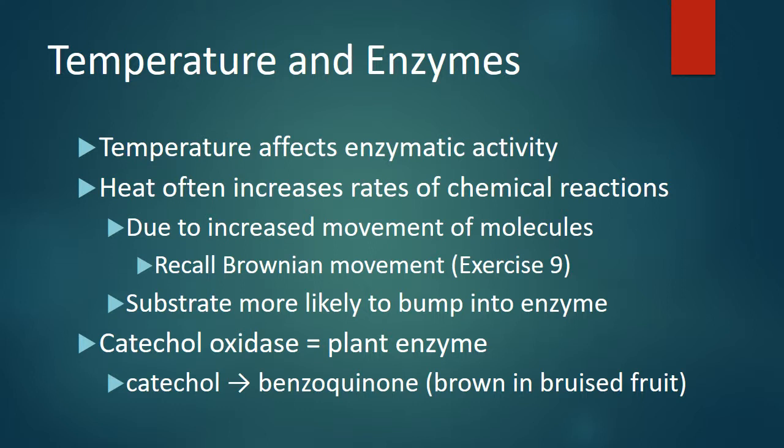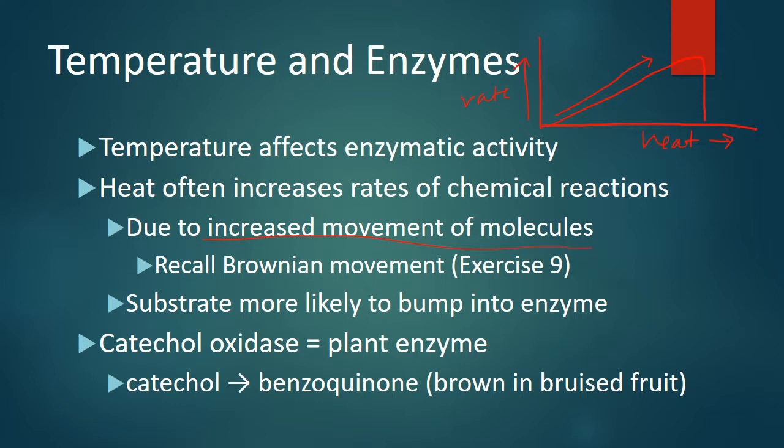Temperature definitely has an effect on enzyme activity. Remember the previous slide where we had this chart where we have a nice gentle slope upwards as heat is increased, and then we have a sudden drop off. So heat increases this way and the rate of reaction increases this way. So we increase the random movement of molecules.